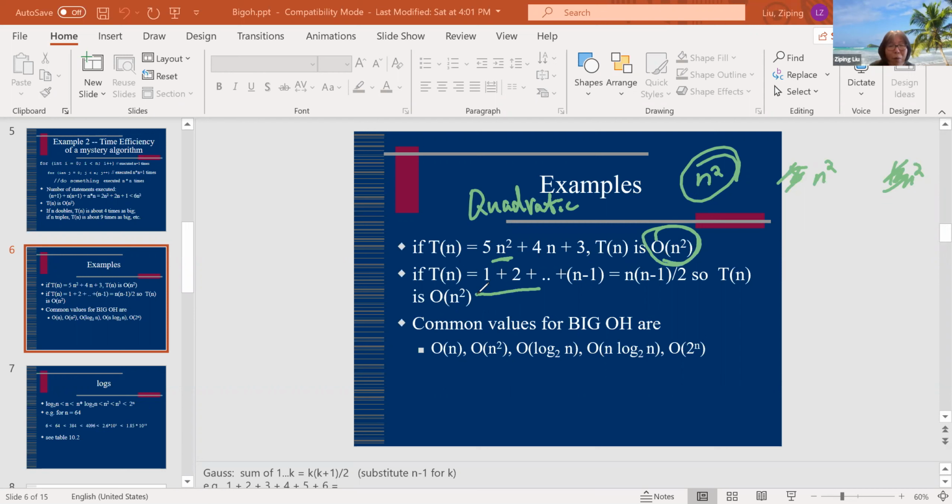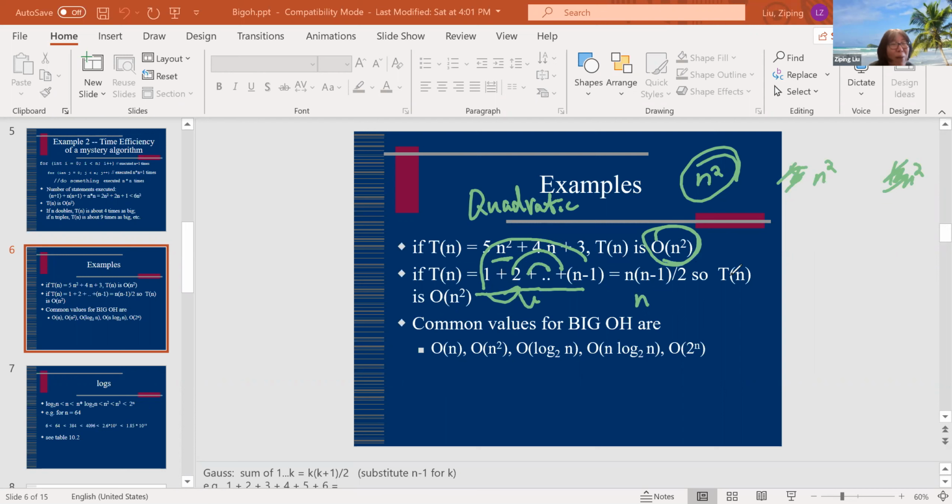And for 1 plus 2 plus and so on, this is called the Gauss number. There is a story that the mathematician Gauss, when he was a very little child, maybe 5 years old, knew how to calculate it quickly. Instead of brute force one by one, he would add the first and the last, and the second and the second last. You do the pairs because they're all the same, all n.